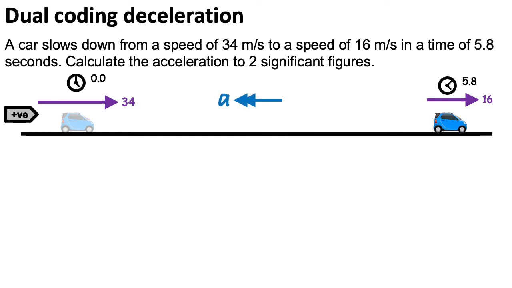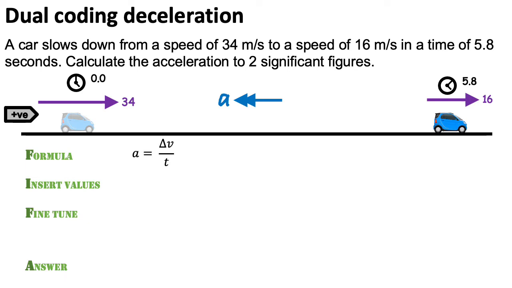So the acceleration is now in the opposite direction because the speed is decreasing, and so the acceleration will be negative. Let's put it into the FIFA system.